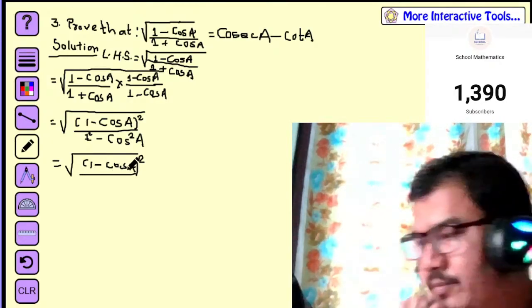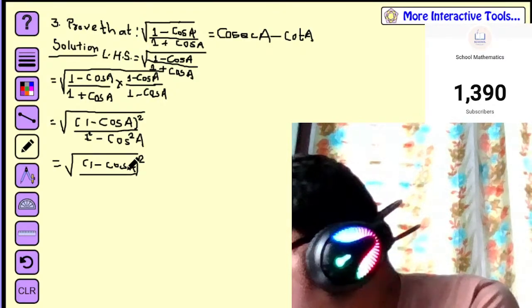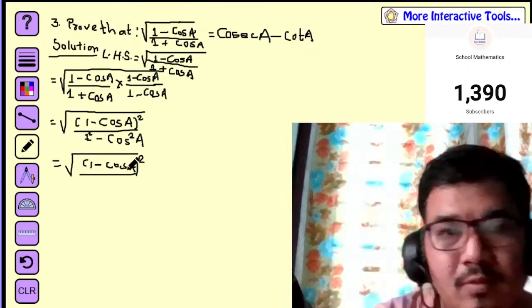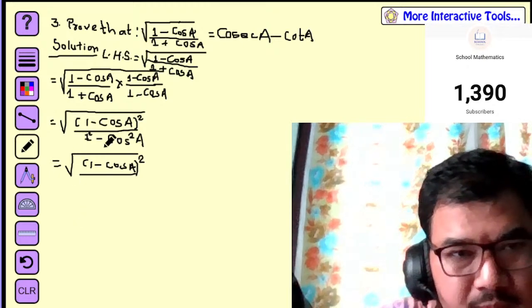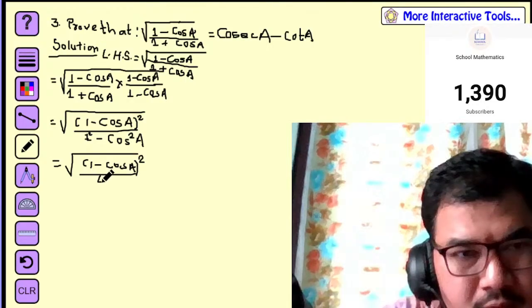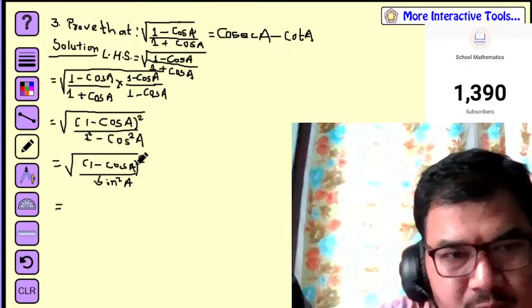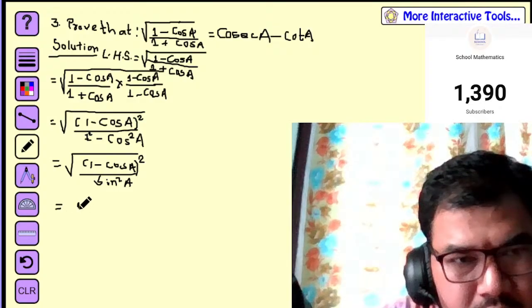In the denominator, 1 squared minus cos squared A, we know this is sine squared A, by its formula. Its numerator also has a square, and the denominator also has a square, so the square root cancels with the square.